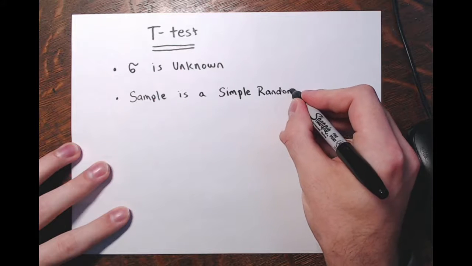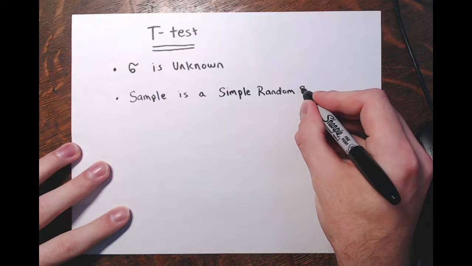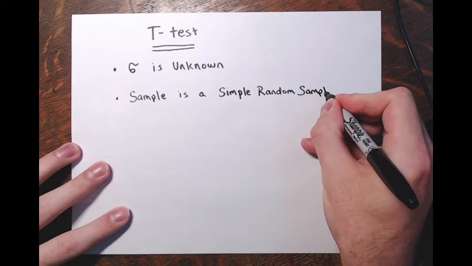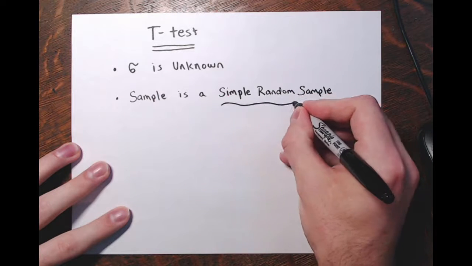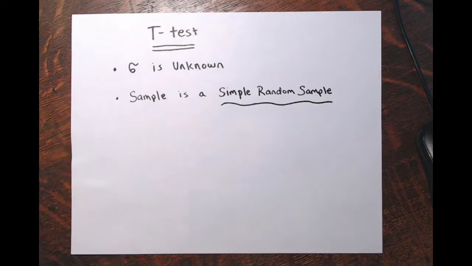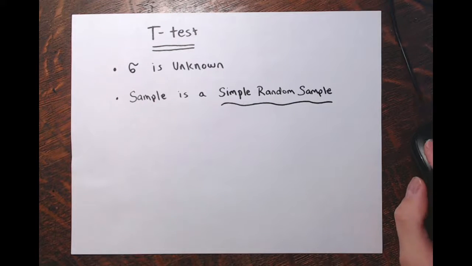But remember, a simple random sample means that the sample was taken in such a way that every possible group of that size had an equally likely chance of being selected. Okay, so we got that down.